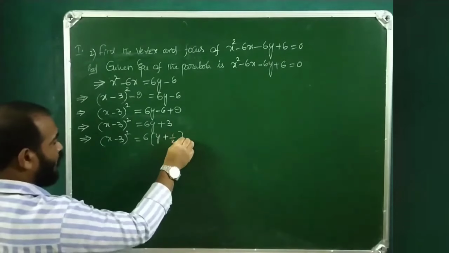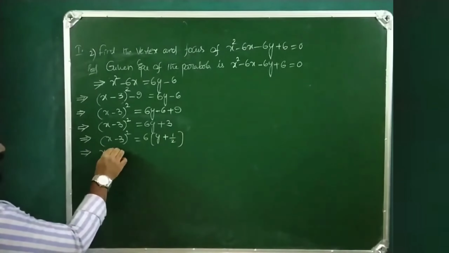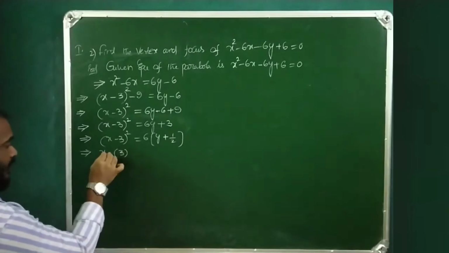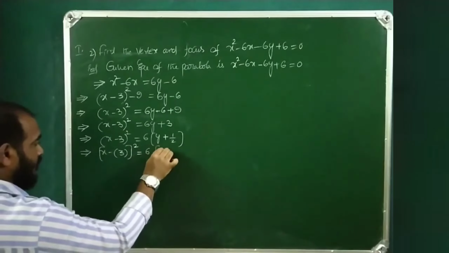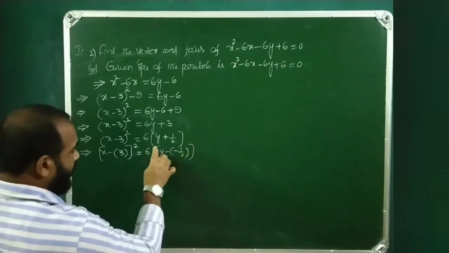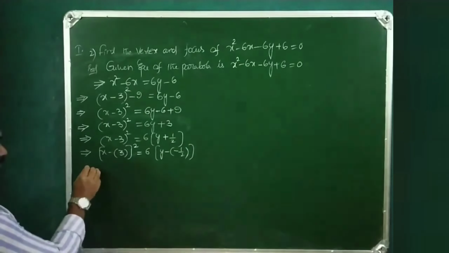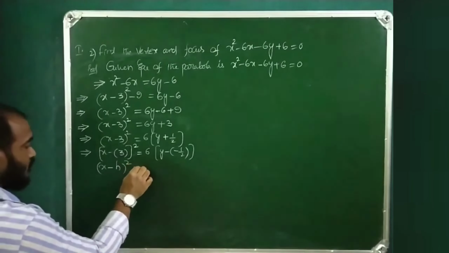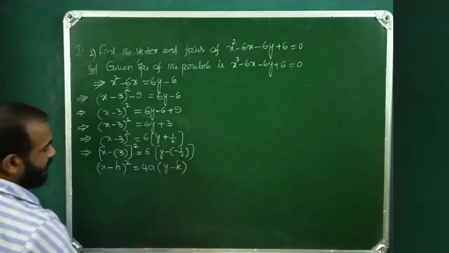This is 1 by 2. So this can be written as x minus 3 whole square is equal to 6 into y minus of minus half we can write. This plus is minus of minus. Therefore, this can be compared with x minus h whole square is equal to 4a into y minus k.